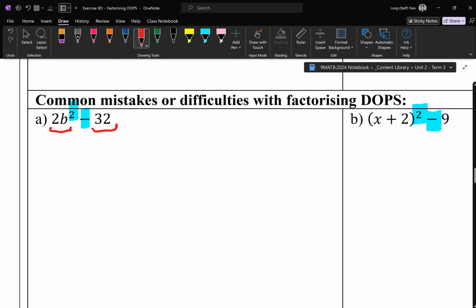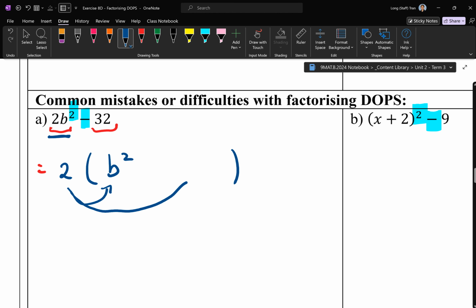Sometimes it makes your life a bit easier. What I can see there is they both have a 2 in common. So what you learnt in the previous exercise was you could rewrite this by taking out the factor of 2 and you get 2 times what will give you 2b squared? This has to be a b squared there. 2 times what will give you 32? Well, 16, and there's a minus there.